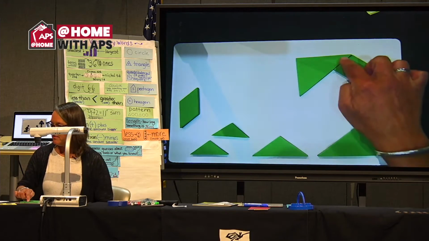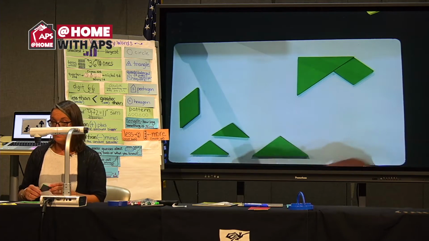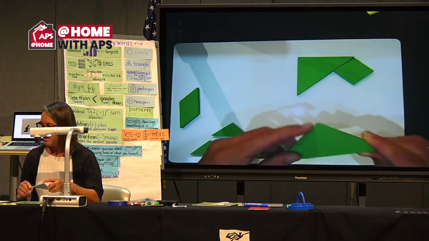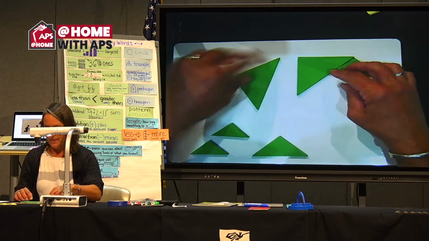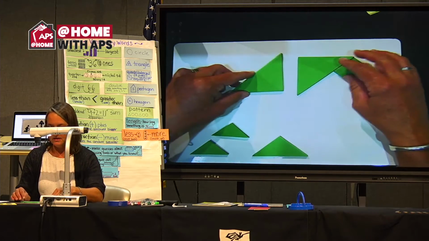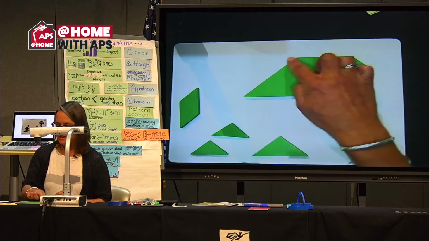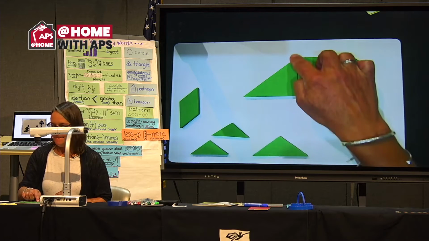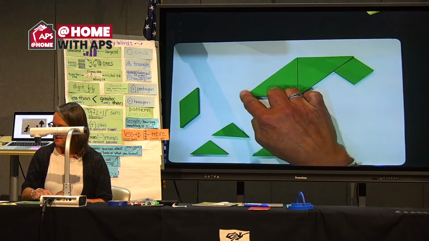This is part of his mane, isn't it? We use another large triangle, and we're going to match it up to our first one to continue with the lion's back. This time we have our longest side sort of facing diagonally.